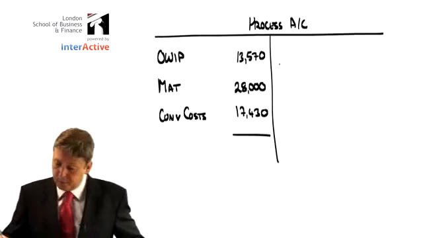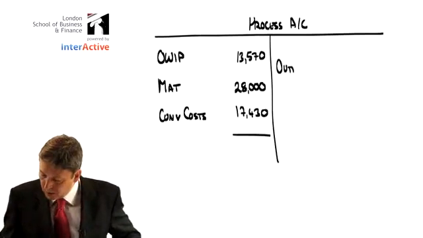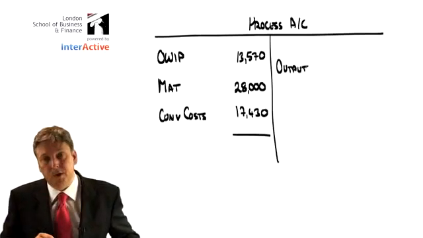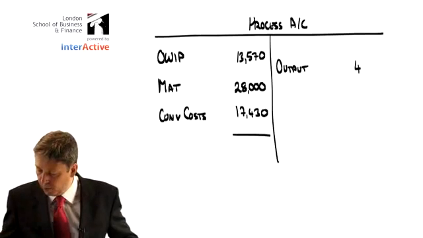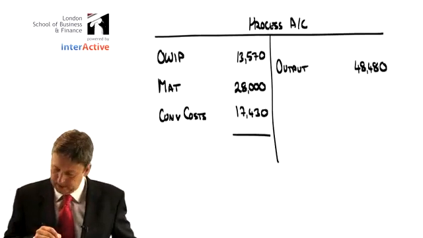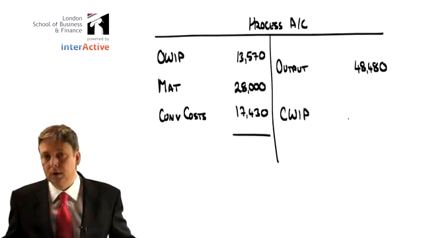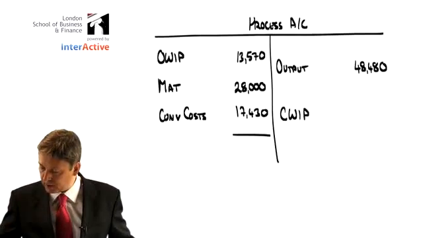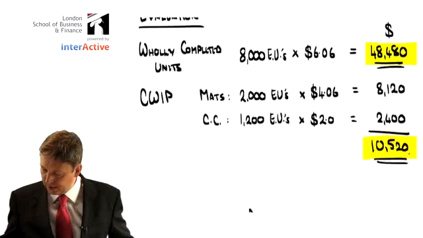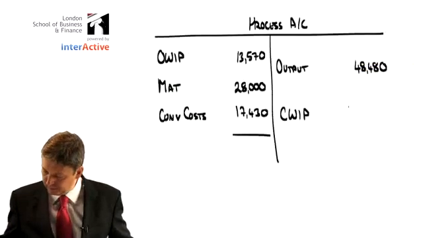Then we can look at the outputs. Of course, we have output to the following process. And we've already said that that comes to 48,480. In addition to that, we have our CWIP. And we valued CWIP, if we just look above, at 10,520.